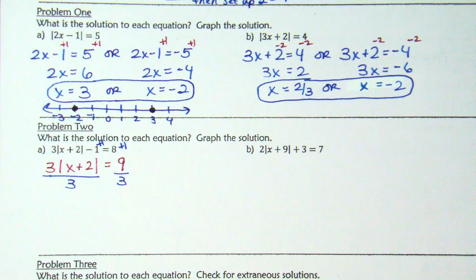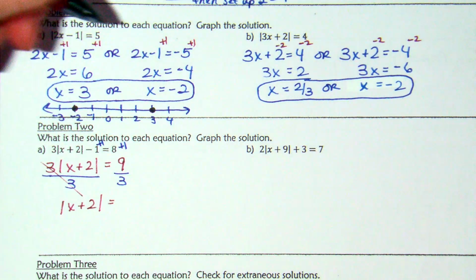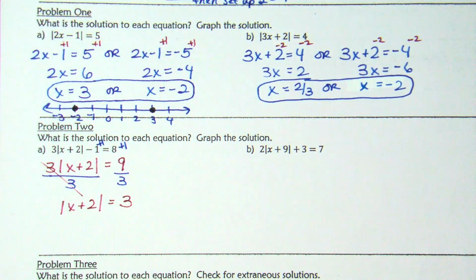On the left, guess what the 3's are going to do? They're going to cancel. I have absolute value of x plus 2 equals 9 divided by 3, which is 3. Okay. So my question still stands. Is the absolute value isolated? Now we're ready to say yes.